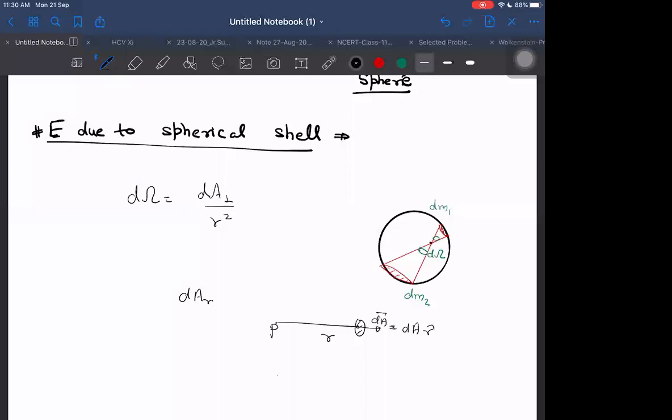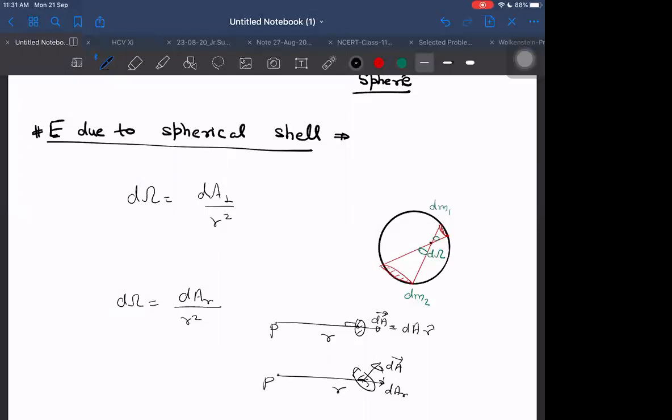If r is this side but the area vector is that side, then I take the component of the vector along the radial line, dA cos theta, or dAr. I am also calling dA perpendicular because it is perpendicular to the radial line, while dAr is along the radial line. So I can write it as dAr divided by r square also. That is also the solid angle d omega.